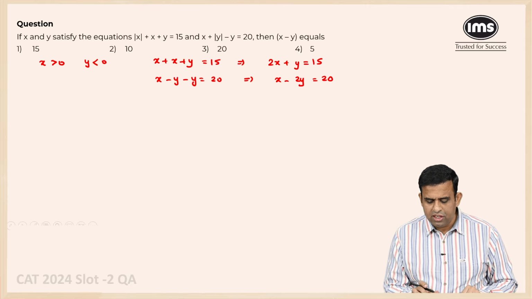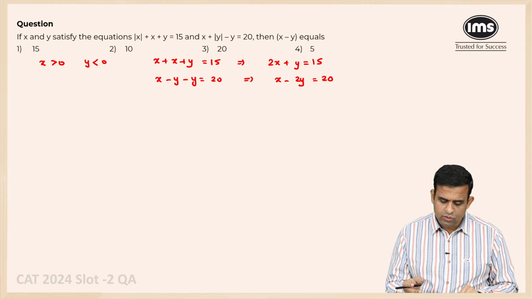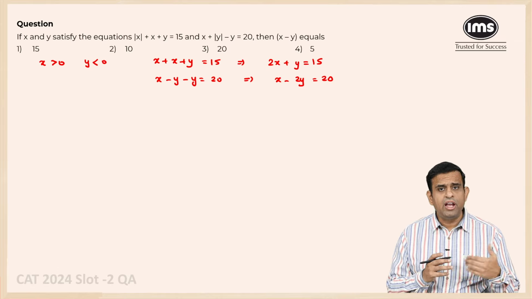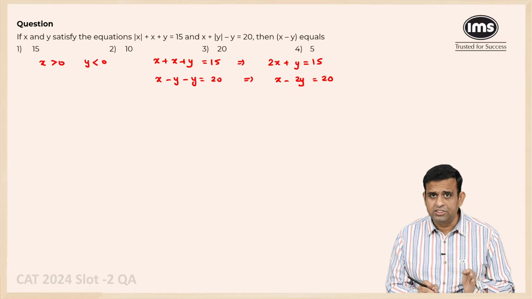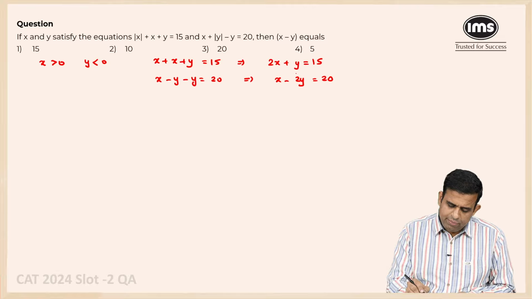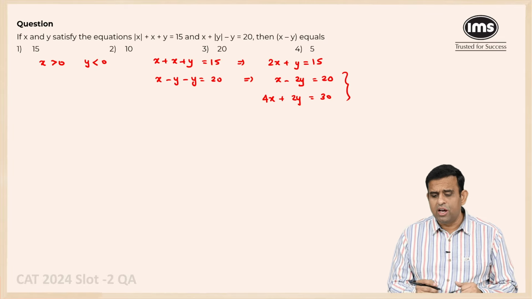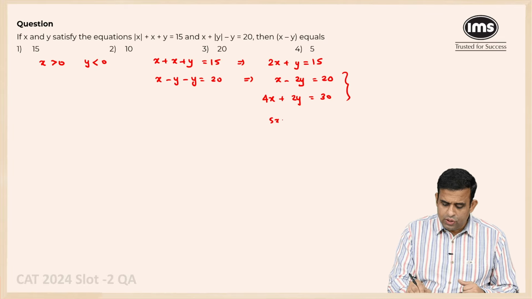And now at this particular point of time, we can simply go for solving for x and y, and we can see whether the x positive and y negative condition is satisfied or not. Suppose if I double the first equation, that will give you 4x plus 2y equals 30. If you add them now, you will get 5x equals 50, x equals 10, which is fine.